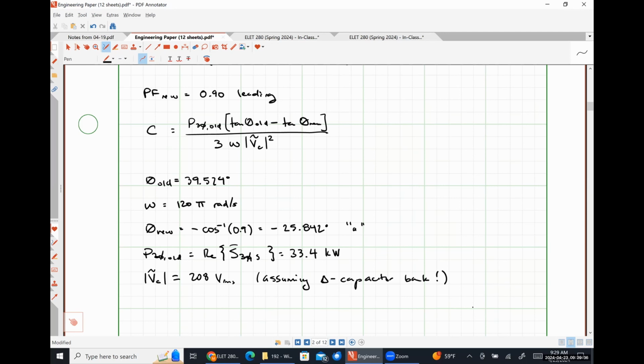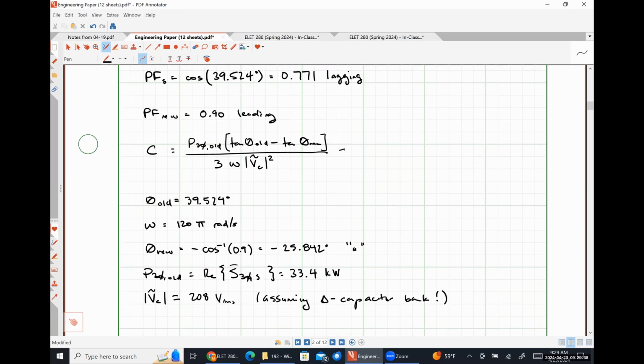I got 572.942 microfarads. I'm going to put explicitly here that this was C delta.